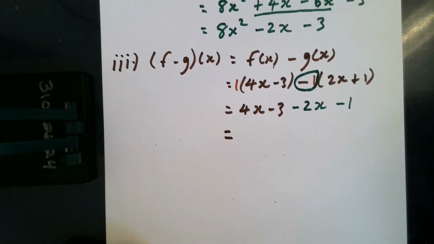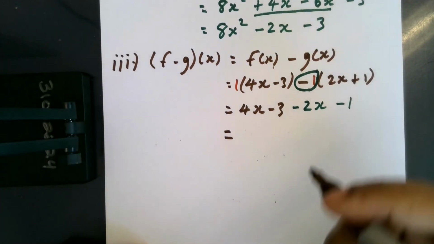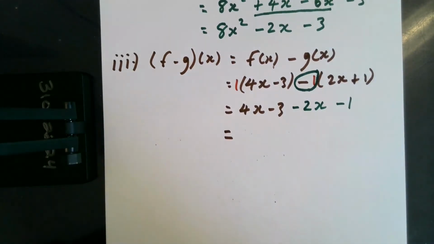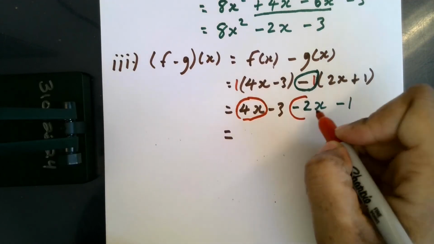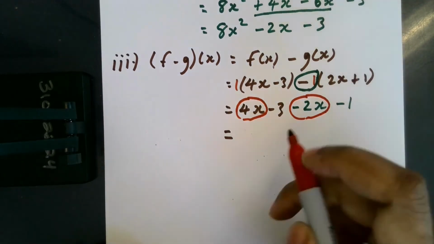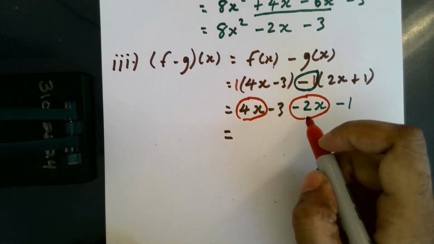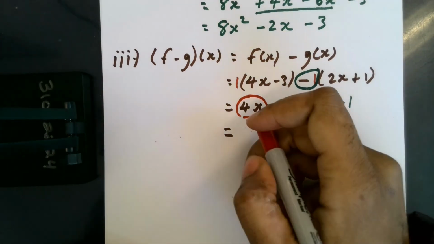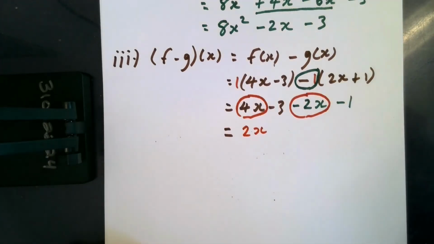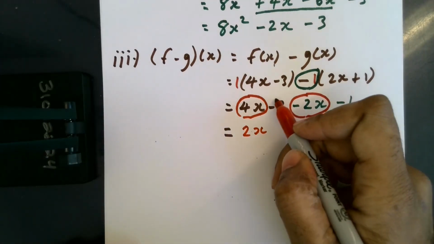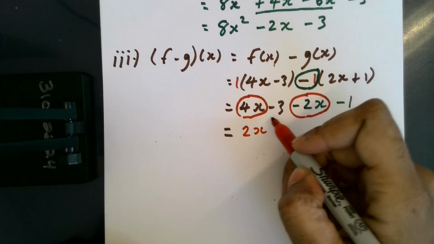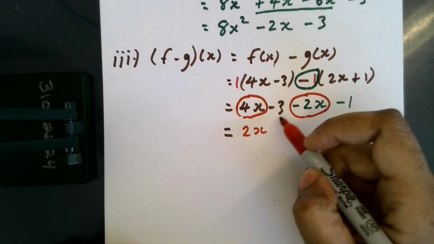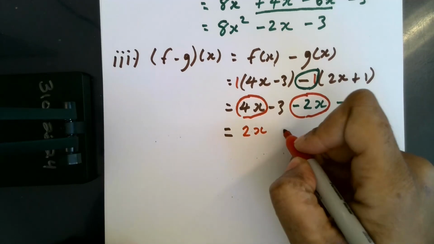Our answer is, so we are going to combine like terms. All right. So we have two like terms here. When we combine these two, I am going to get 2x. I have two more like terms. These are constant terms and they are like terms. So when I combine these two, I am going to get negative 4.